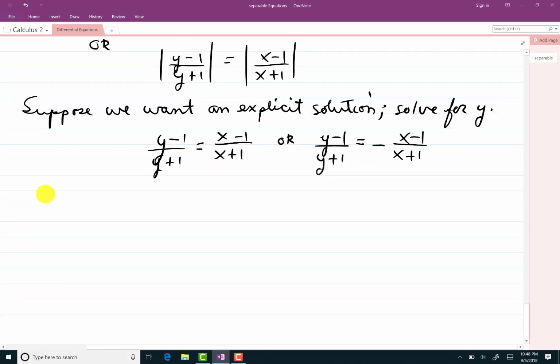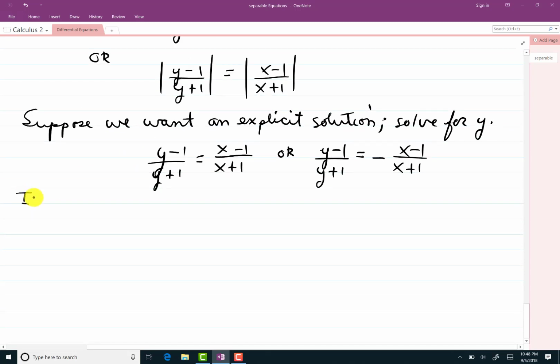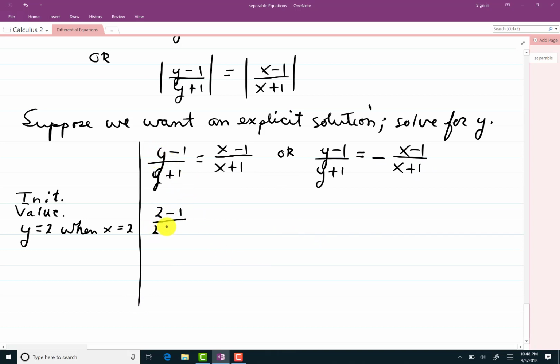So let's start first. When I looked at the initial value, we had y equals 2 when x equals 2. So let's check these both to see what happens. If I plug in y equals 2, 2 minus 1 over 2 plus 1, this equation is 1/3 on both sides, so it checks out.